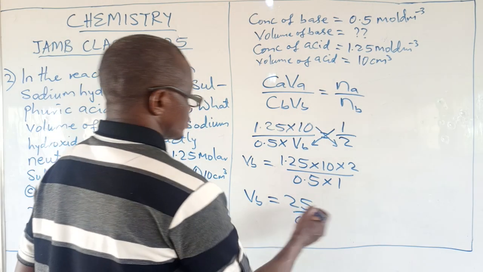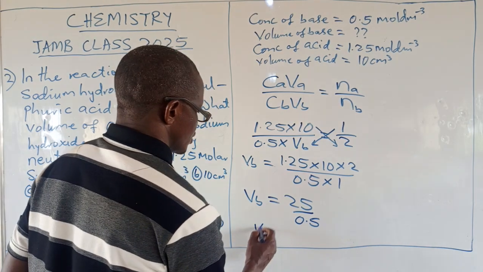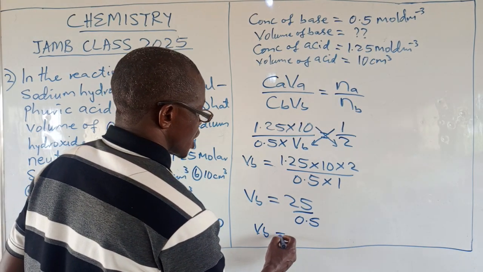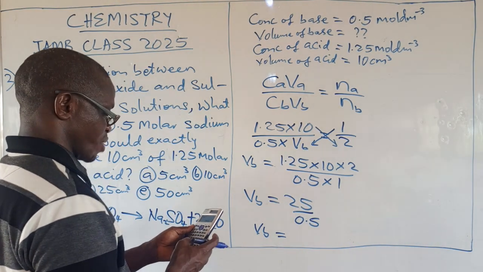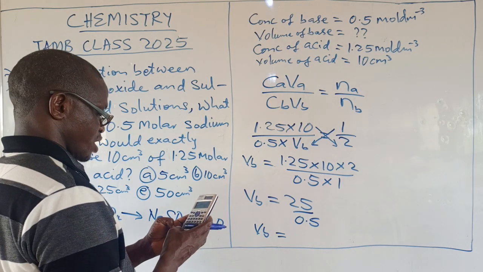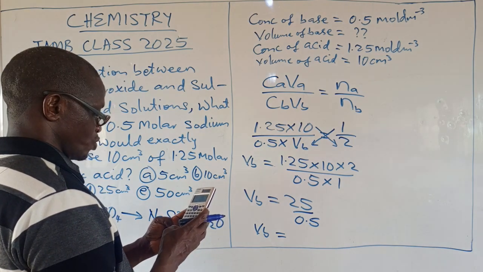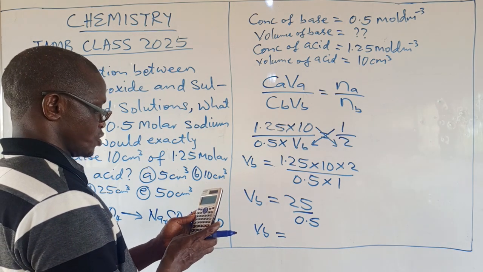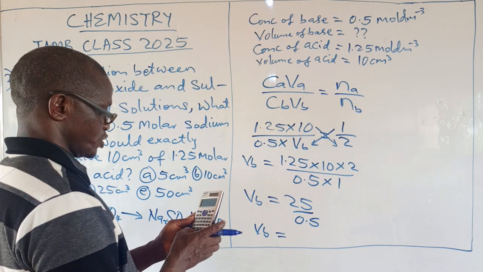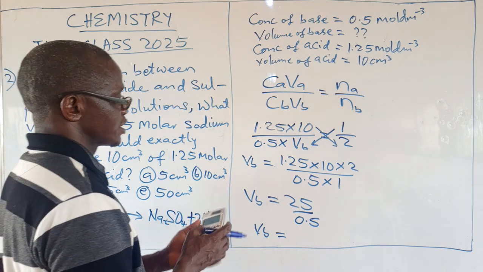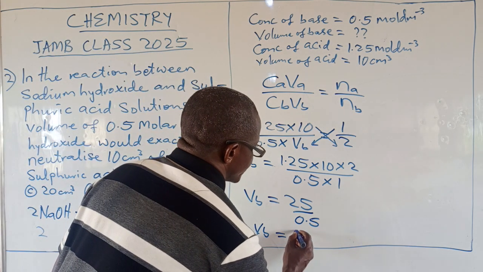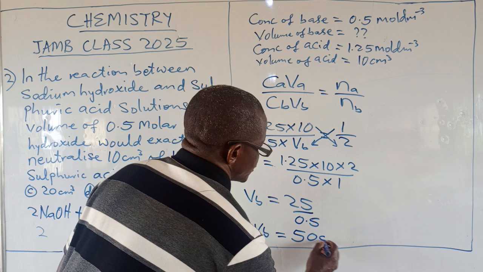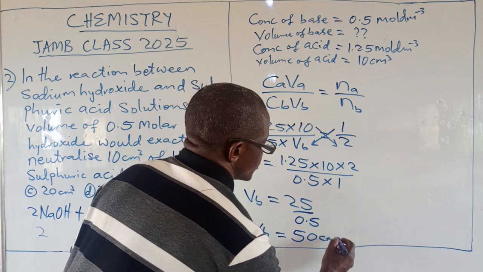Now Vb is equal to 25 divided by 0.5, and that gives me 50 cm cube, because it's volume.